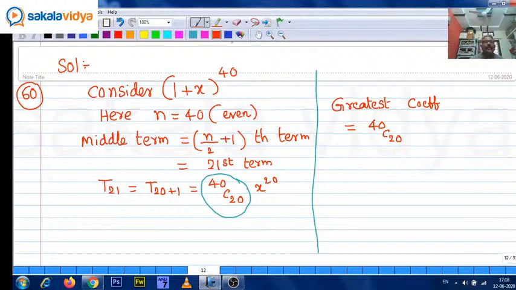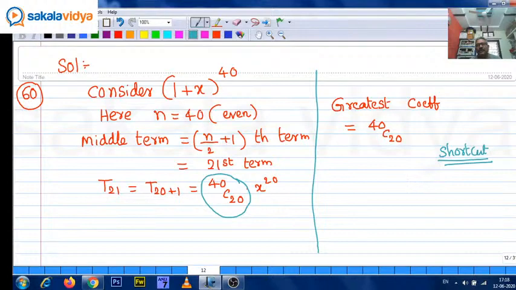40C20, we have one shortcut formula. Let me explain the shortcut. 40 is an even number. This is 2n, for example. This will be the half of 40, n.